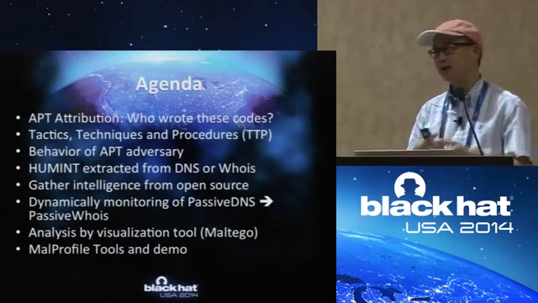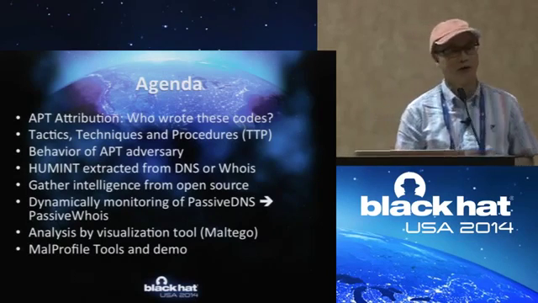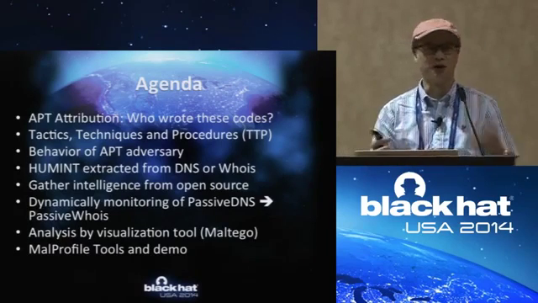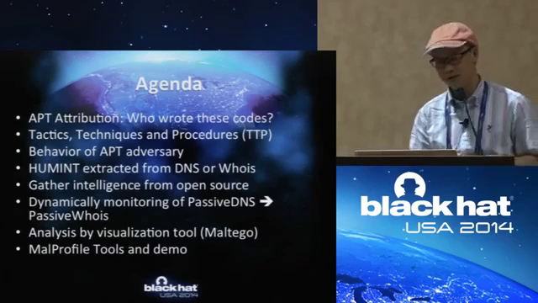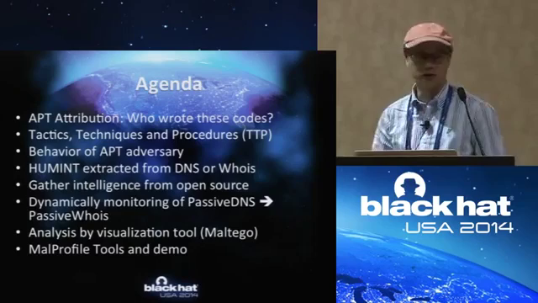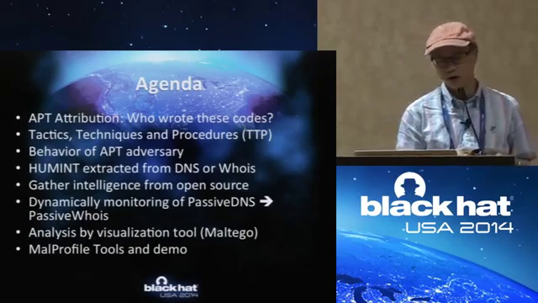After I gather the data, I try to show it in Maltego, which is a tool that can visualize the relationships between the data that I collected. If time allows, I will show you our newly published tool in Google Code called Malpova.